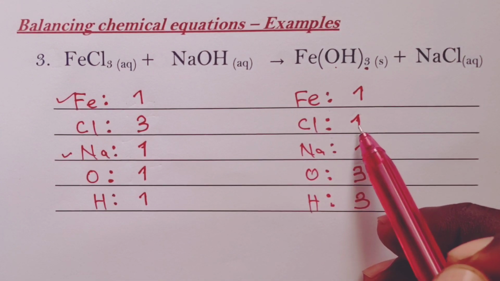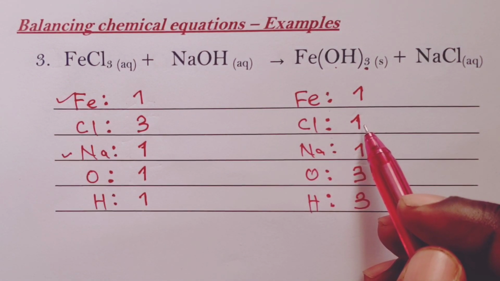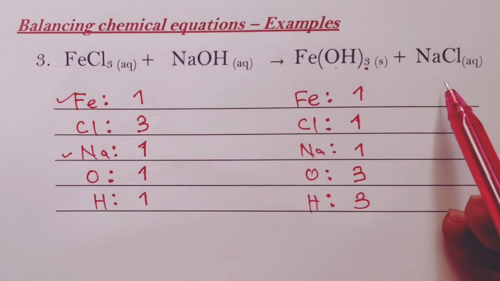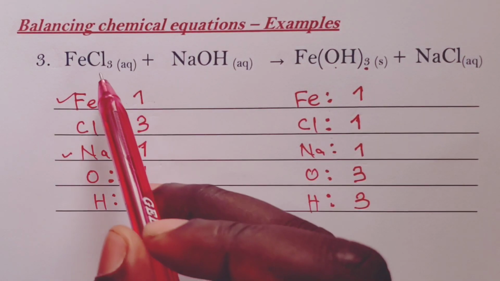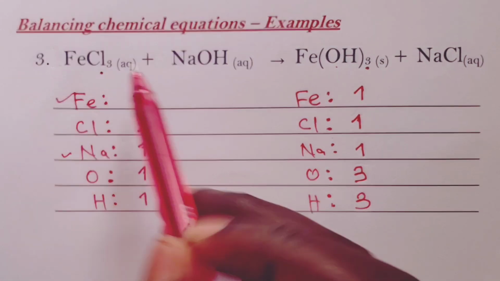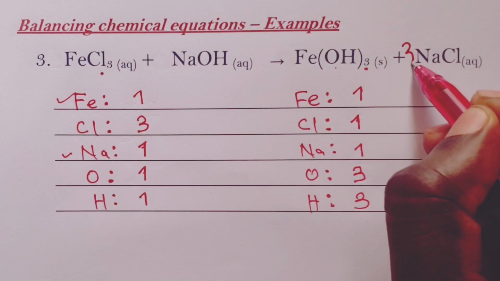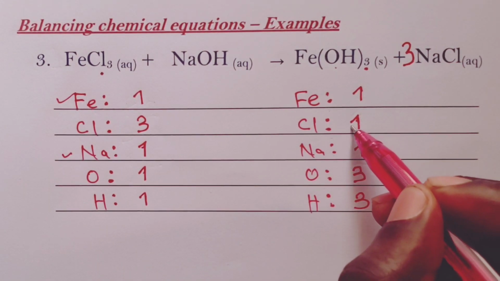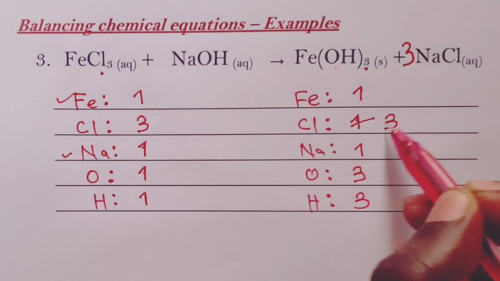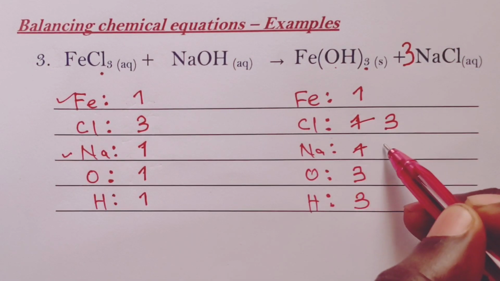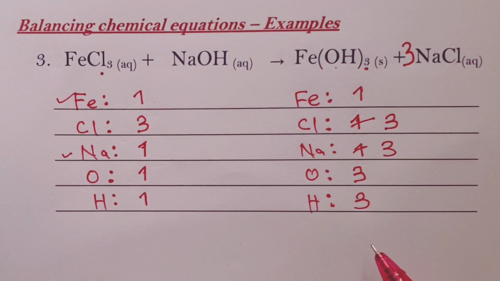So what I do is approach this equation from the chlorine side because it appears simpler. I have 3 chlorine on the left. I want to make them 3 on the right by putting a 3 here. By doing so, my chlorines are now 3, and I've also affected sodium. Instead of 1, I now have 3.